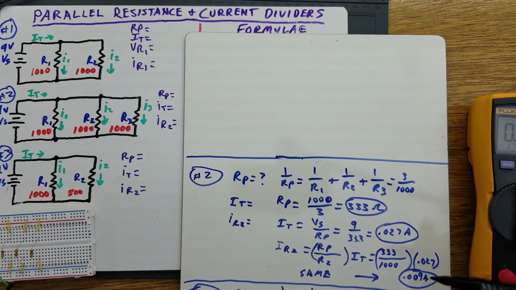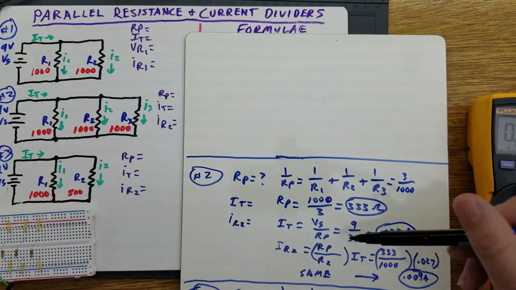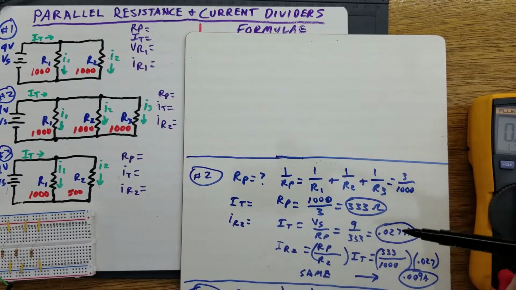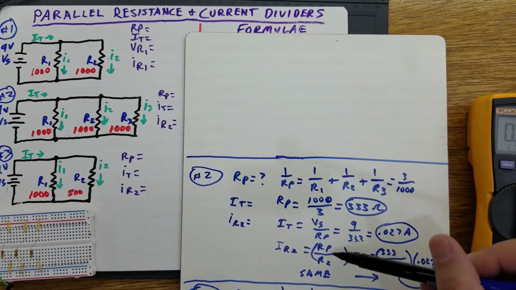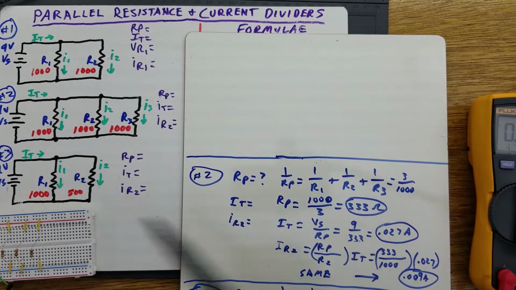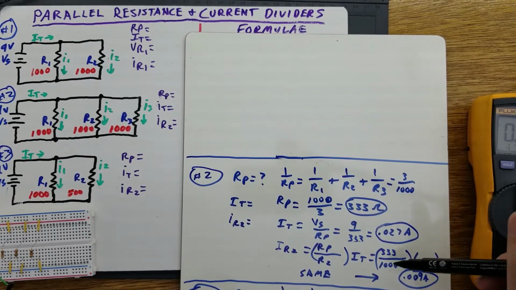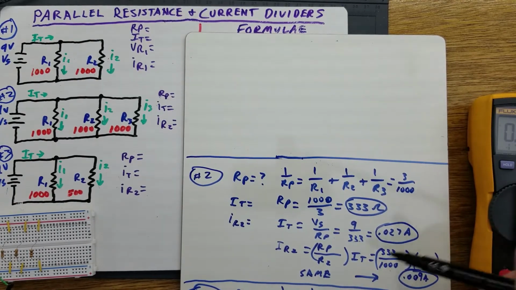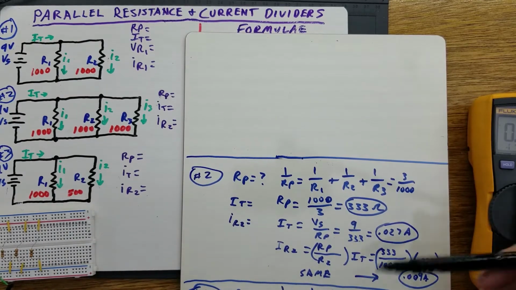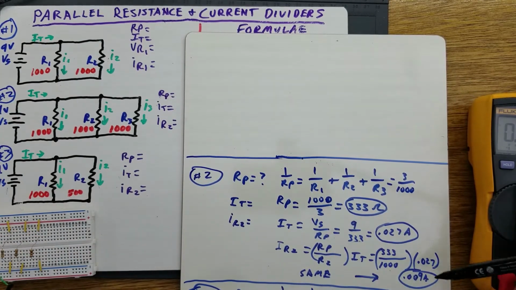So we should end up with 0.009 amps. So if you have RP, which is your parallel resistance, you divide that by R2, which is 1,000, 333 divided by 1,000, which is 1/3, and that's what we thought here, 1/3, times 9 volts is going to give you 0.009 amps.